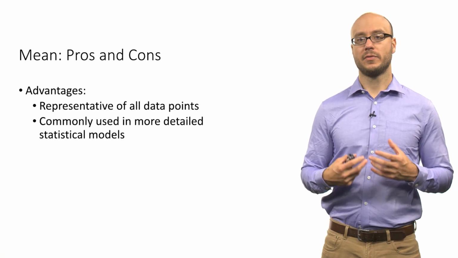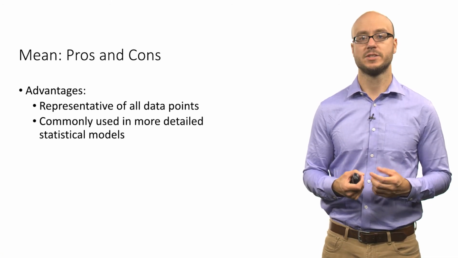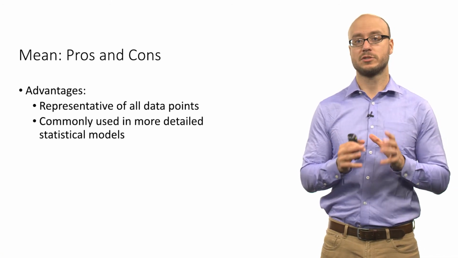When we talk about the mean, there are certain advantages and disadvantages. As a measure of central tendency, the whole point of the mean is that you have all these observations, but you want to reduce the information to just a typical observation.